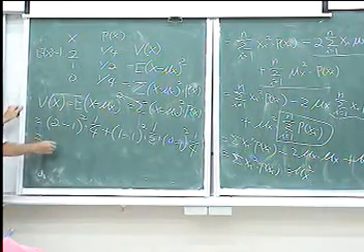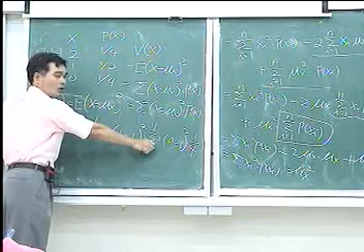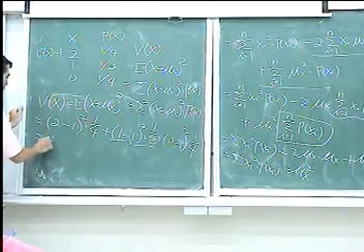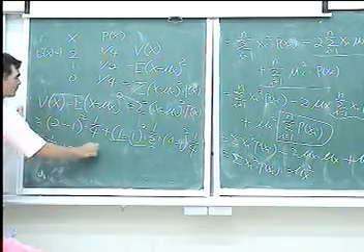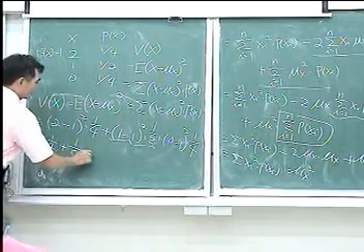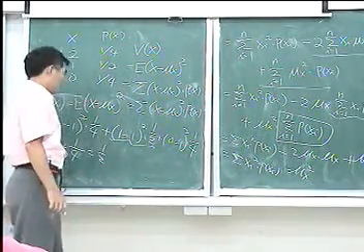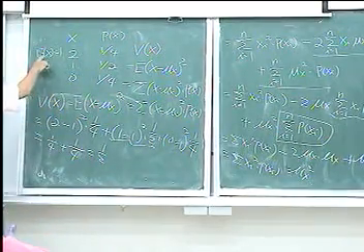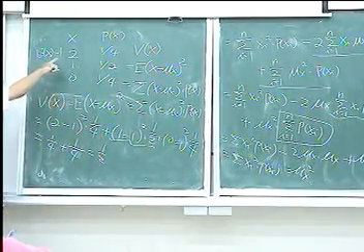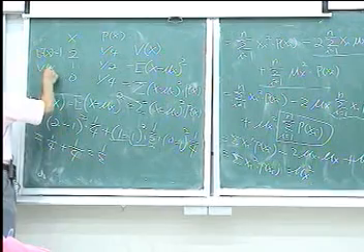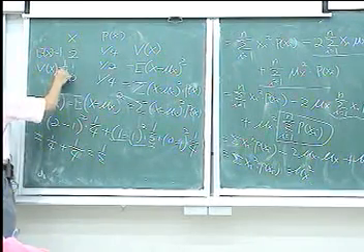So what do you get? This one is equal to 0. This one is equal to 1/4. And that one is equal to 1/4. So that is equal to 1/2. So the expectation is equal to 1. The variance is equal to 1/2.